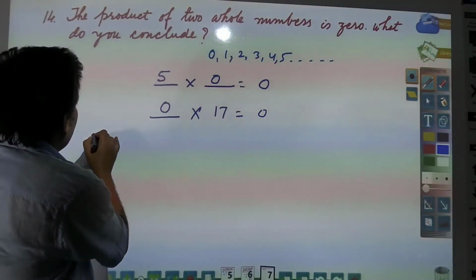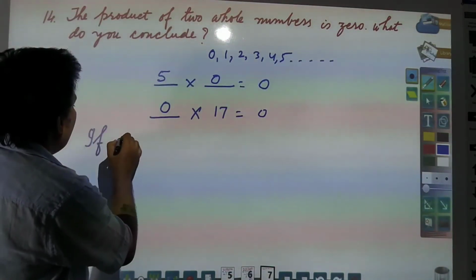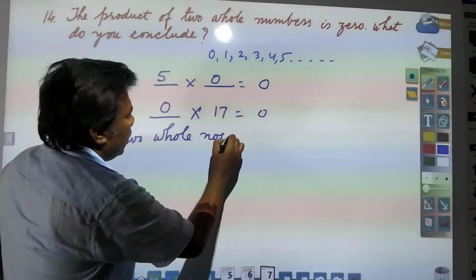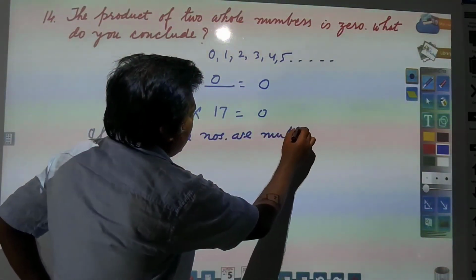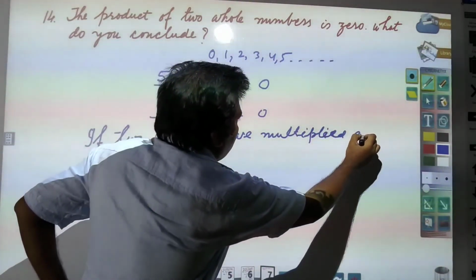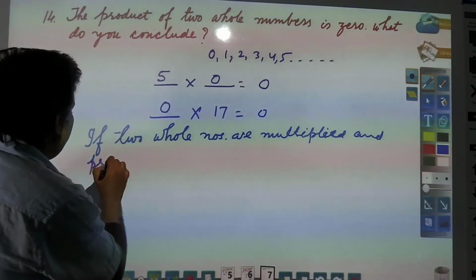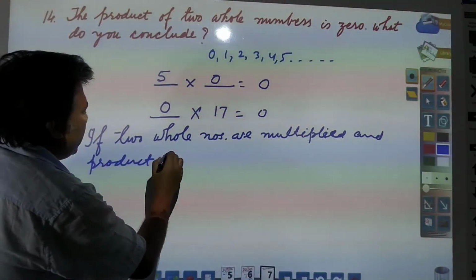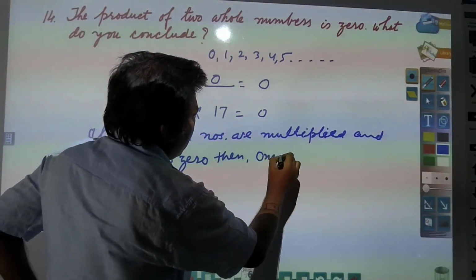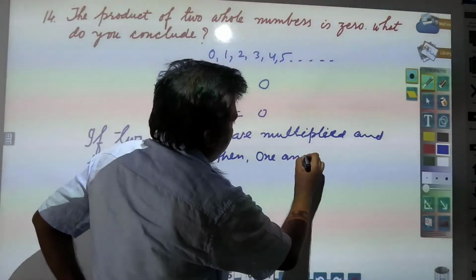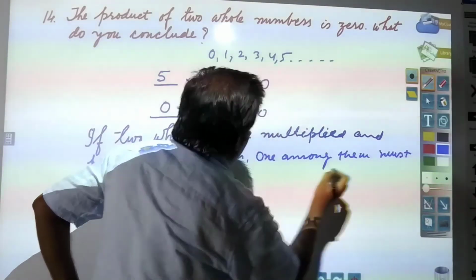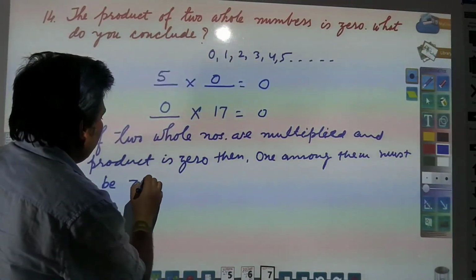So if two whole numbers are multiplied and the product is 0, then one among them must be 0.